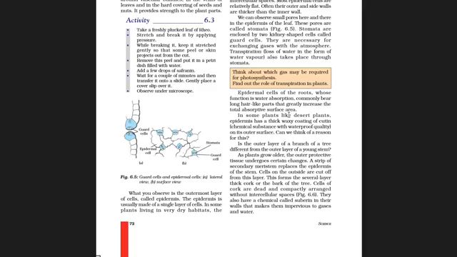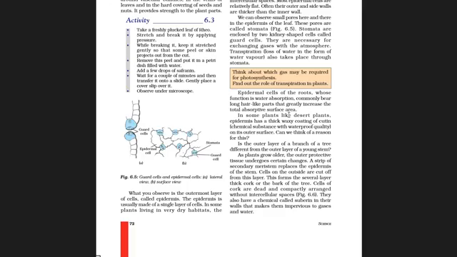As plants grow older, the outer protective tissue undergoes certain changes. Where does this change take place? In the meristem. So what happens here? The secondary meristem replaces the epidermis of the stem.